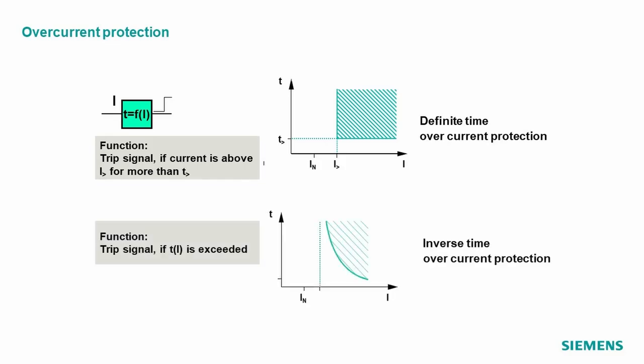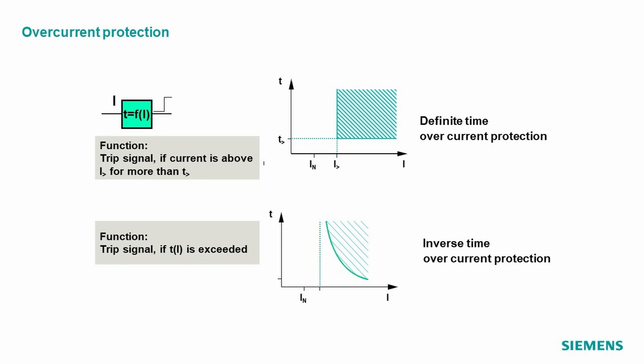Another alternative for this block is the so-called inverse time overcurrent protection. There you have, first of all, a similar situation. That means as long as you are in the load current area, you have no trip. Trip time is infinite. As soon as you are above a set value, it means, yes, I detect a short circuit, but then the trip time depends on the amount of current we detect.